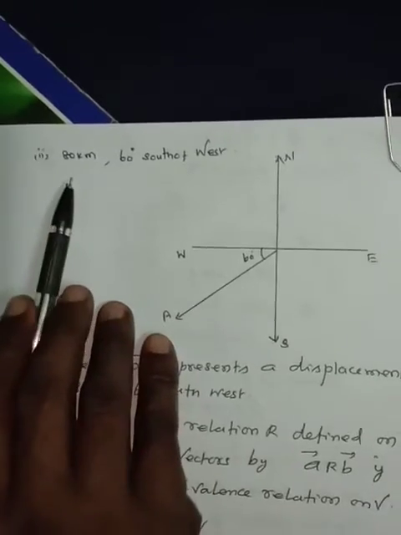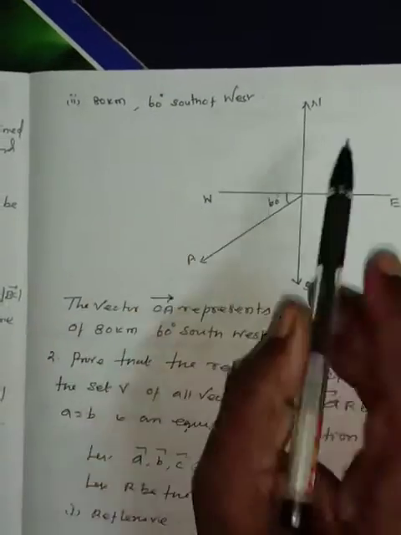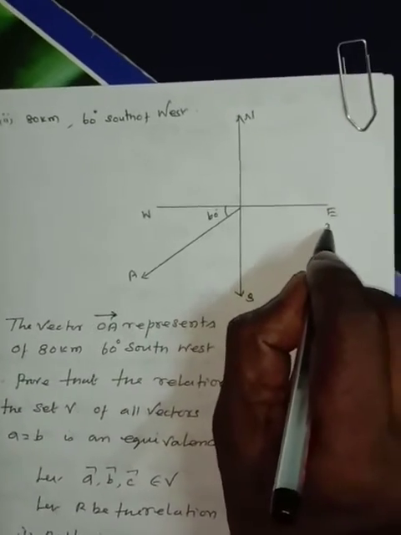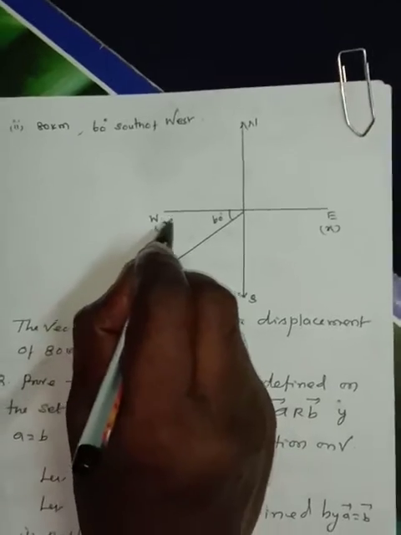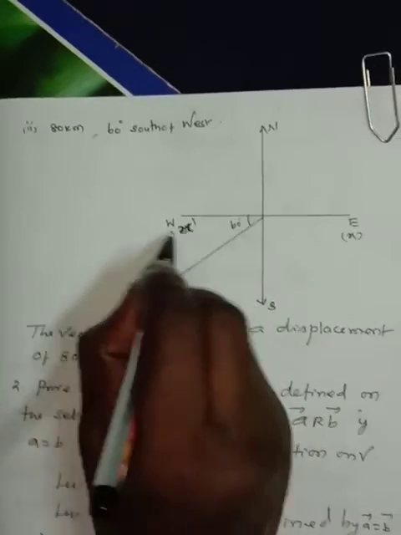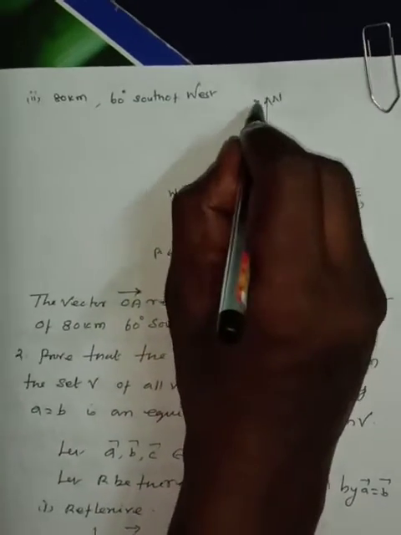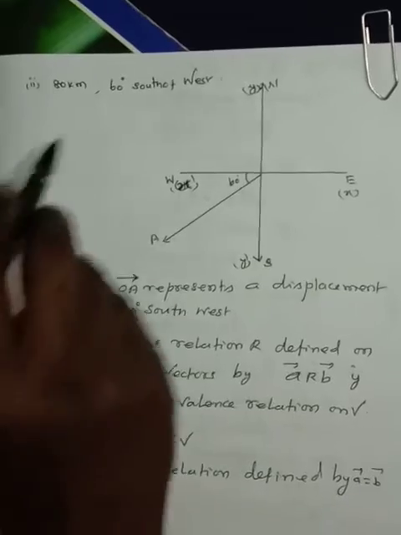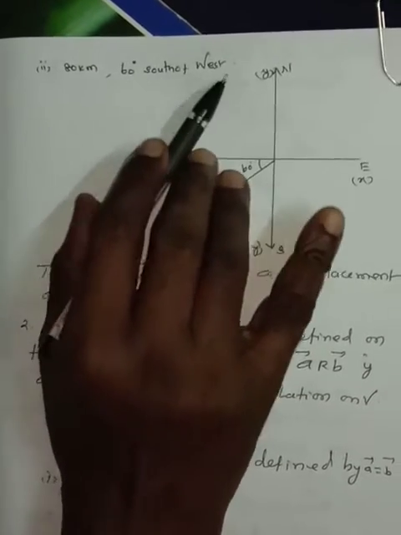Now the second one, 80 kilometers 60 degrees southwest. Draw the x and y axes. x is the eastern side, x dash is the western side, y is the northern side, y dash is the southern side. The question is 80 kilometers length, 60 degrees southwest.